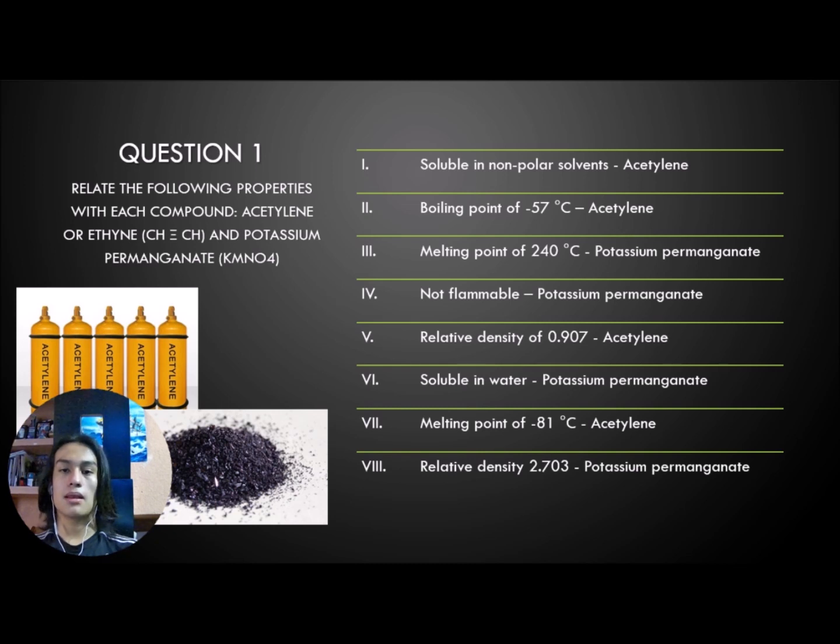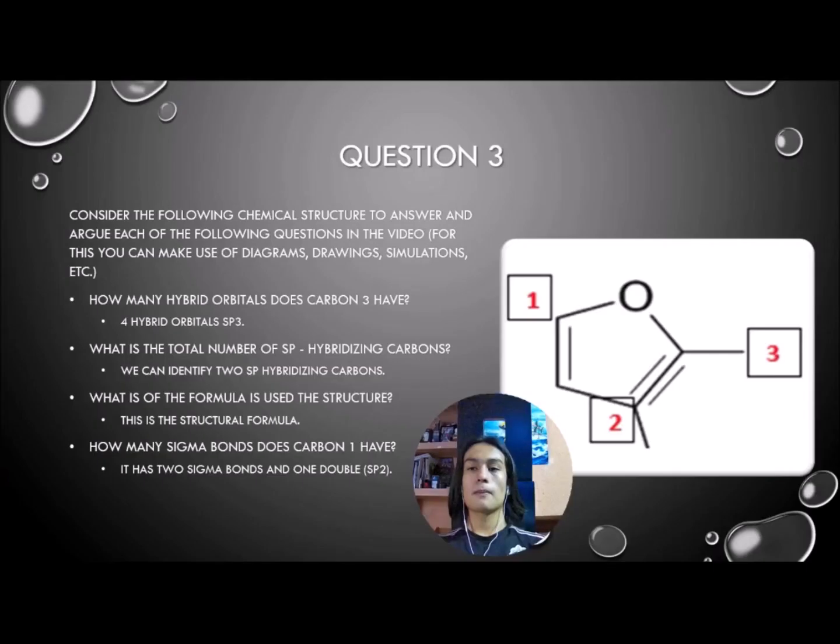Potassium permanganate. Not flammable. Potassium permanganate. Relative density of 0.907 acetylene. Soluble in water. Potassium permanganate. Melting point of -81 degrees Celsius acetylene, and finally relative density of 2.703 potassium permanganate.